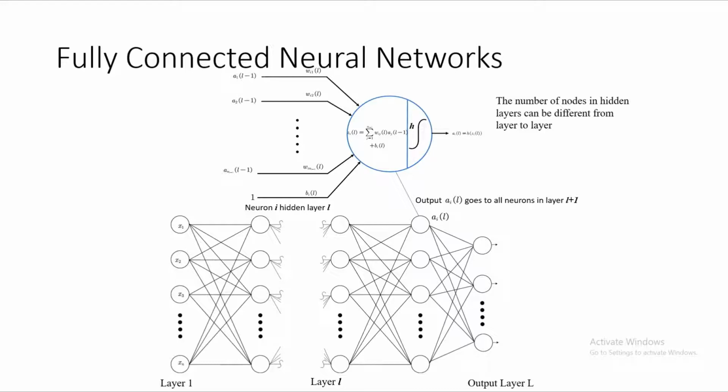We can indicate it with W subscript ij and superscript L, or another way is W subscript ij and L. This is most widely used, or conveniently used in most of the literature, so we prefer to use this one.